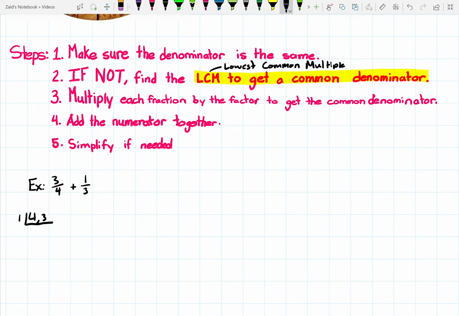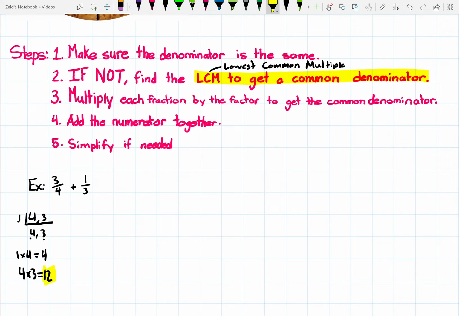I could say 1, 4, 3. There's no other way, so I would multiply 1 times 4 times 3. 1 times 4 gives me 4, and 4 times 3 gives me 12. So that means our common denominator is going to be 12.